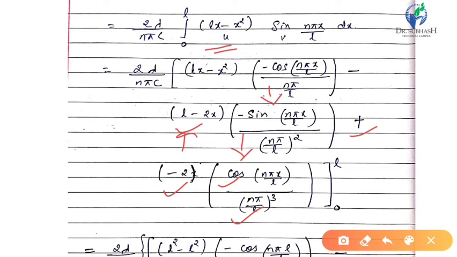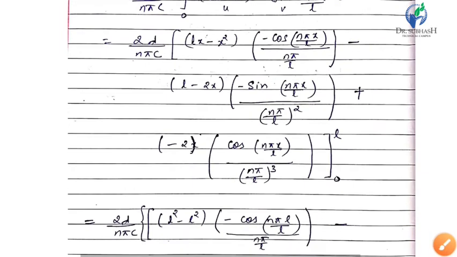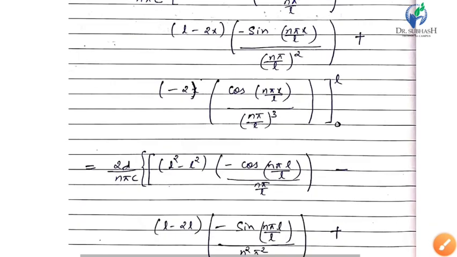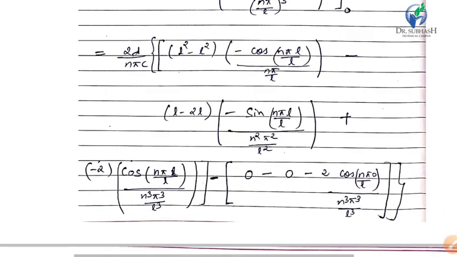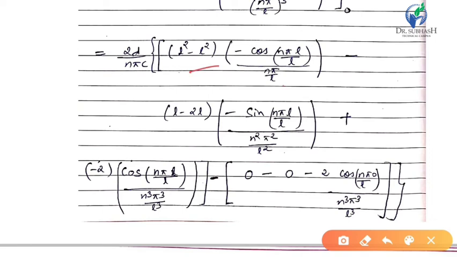Now I will substitute the limit, upper limit minus lower limit. I will replace x by L minus x by 0. So here I am substituting x equal to L, and in the next portion I am putting x equal to 0.